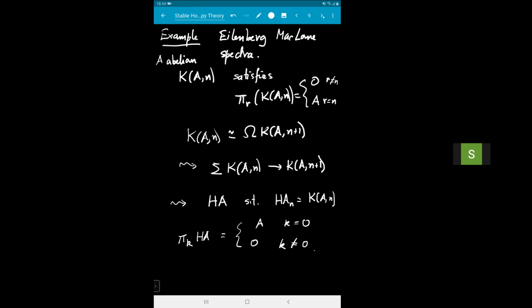From basic categorical properties one can deduce that E_n will be the based loop space of E_{n+1}, and so they will give you spectra, but I will not go into that in this talk.